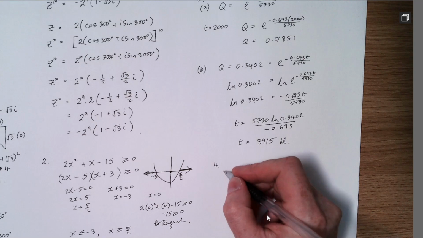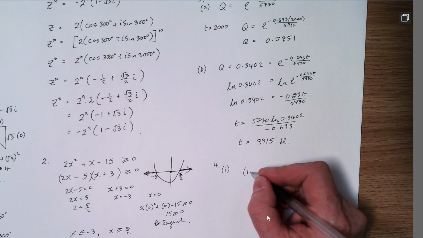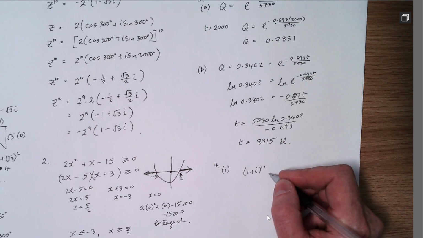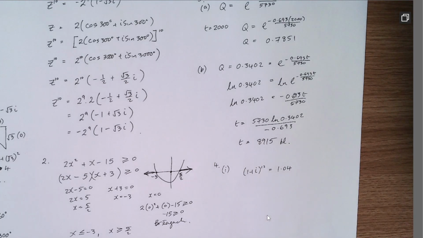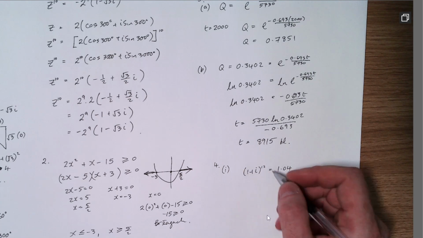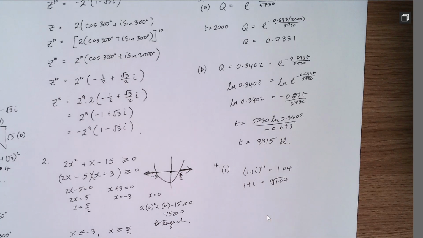So, for part A, we have 1 plus i to the power of 12 equals 1.04. Over 12 months, so 1 plus i equals the 12th root of 1.04, or 1.04 to the power of 1 over 12. Same thing.